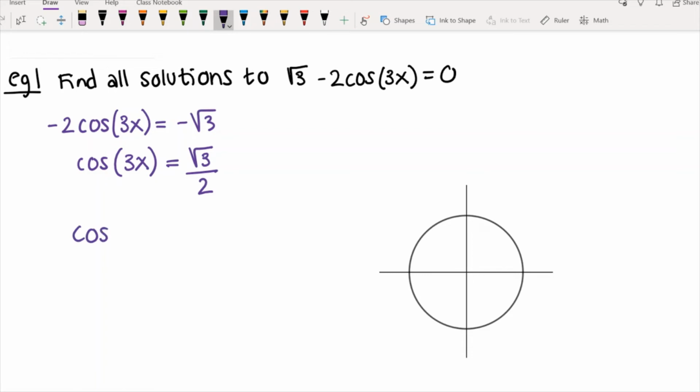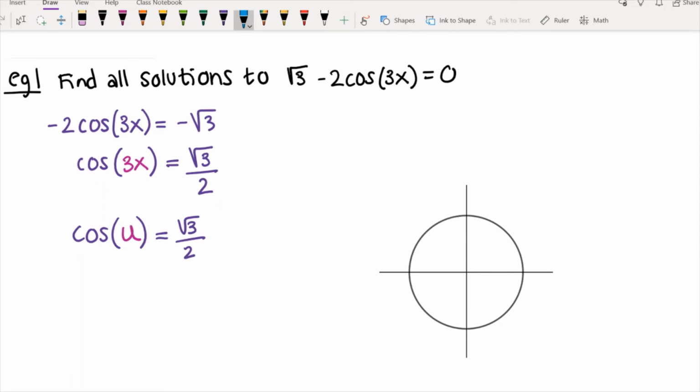So again, we want to think of this 3x as being itself a whole angle. So we're now taking cosine of that angle, and cosine of that angle should be equal to square root of 3 over 2. So we're looking specifically for angles where the x-coordinate is square root of 3 over 2.